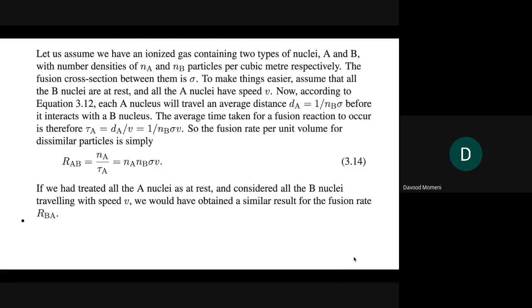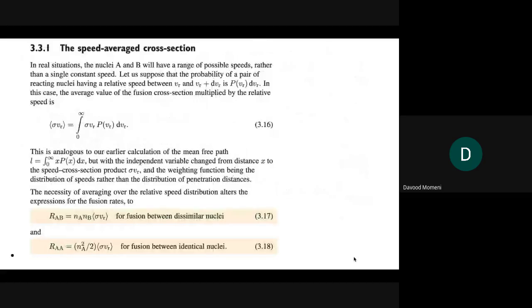You have to talk about the average of sigma v, the cross section times v. So the average of the quantity sigma v should be used, and it is the correct expression for the fusion reaction rate, equations 3.17 and 3.18. But to calculate that, you need the probability distribution of the nuclear pairs versus the velocity. I mean, you have to know how many of the nuclei have a relative speed between v and v plus delta v.